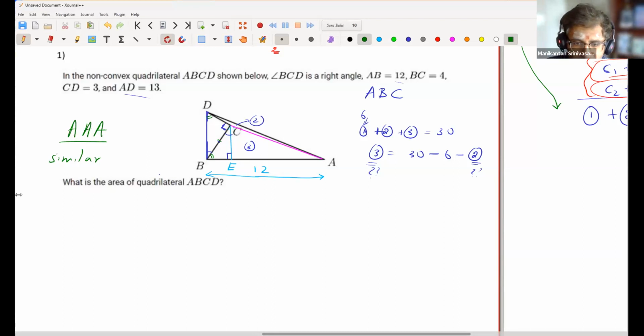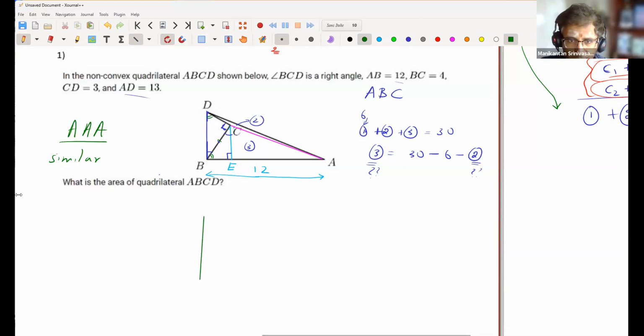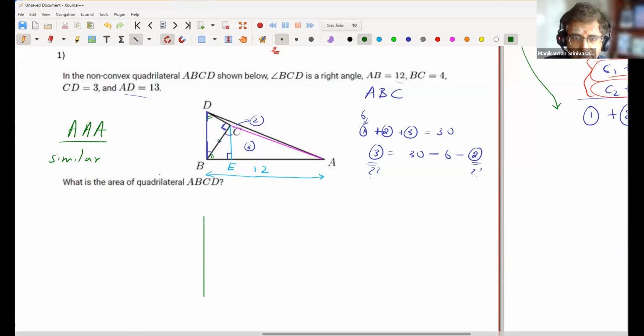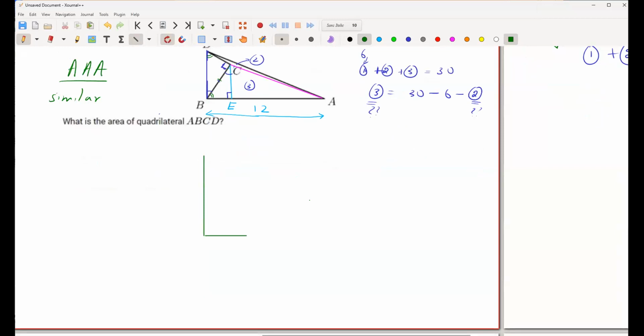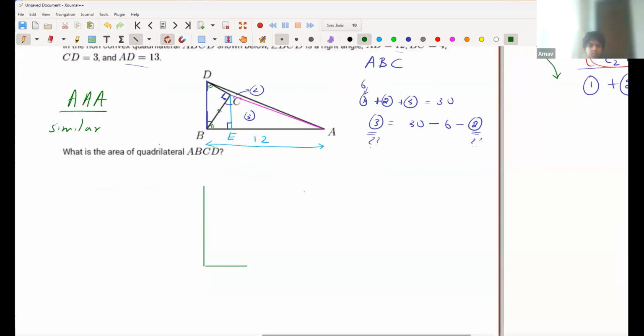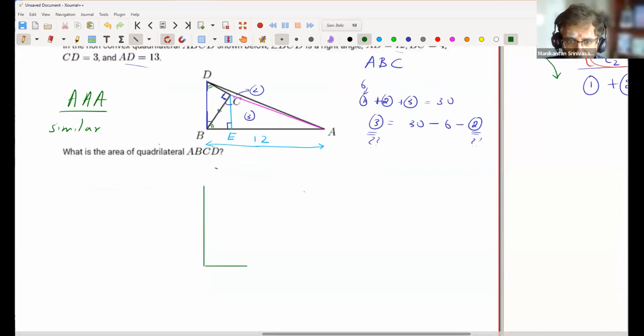Okay, I'll draw this portion alone at the bottom, slightly bigger here. Where is 16 upon 5? Okay, all right, let's do it together.